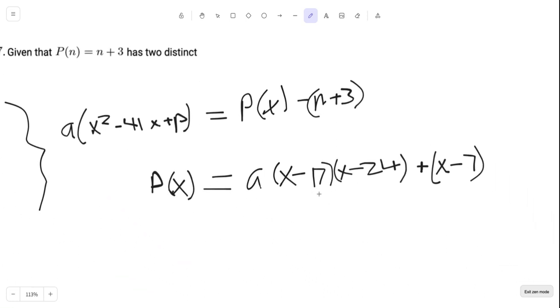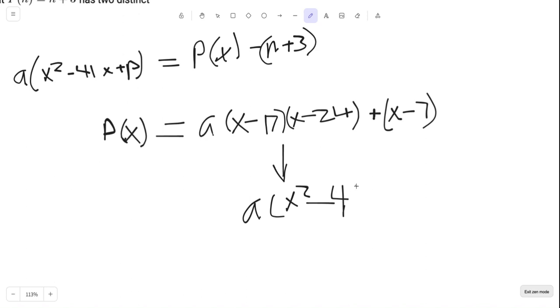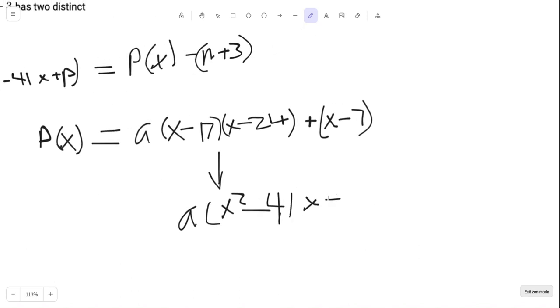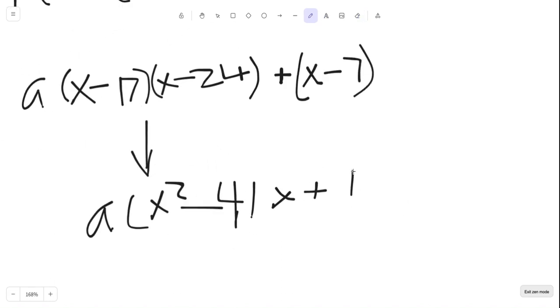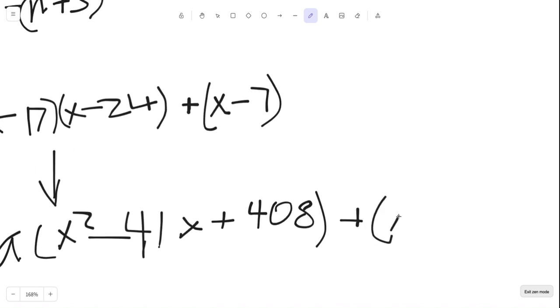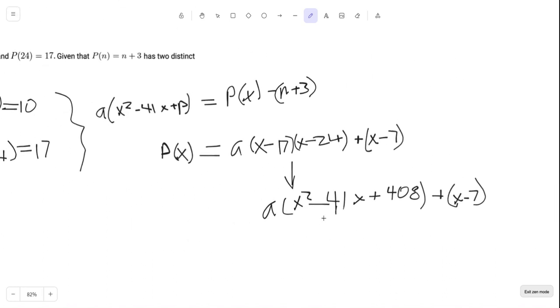First of all, we can take this and turn it into a times x squared minus 41x plus their product, 17 times 24, which turns into 408 if you do the math, plus x minus 7. Be careful, this part's being multiplied by 8.